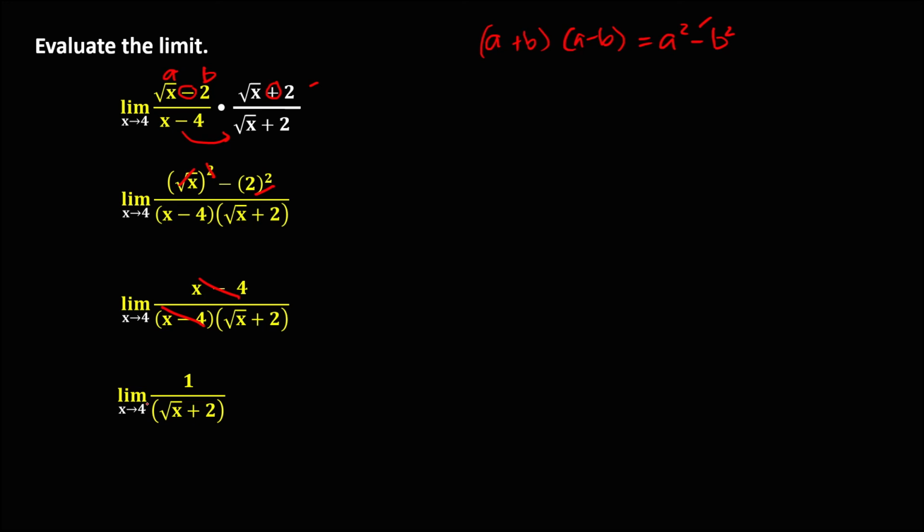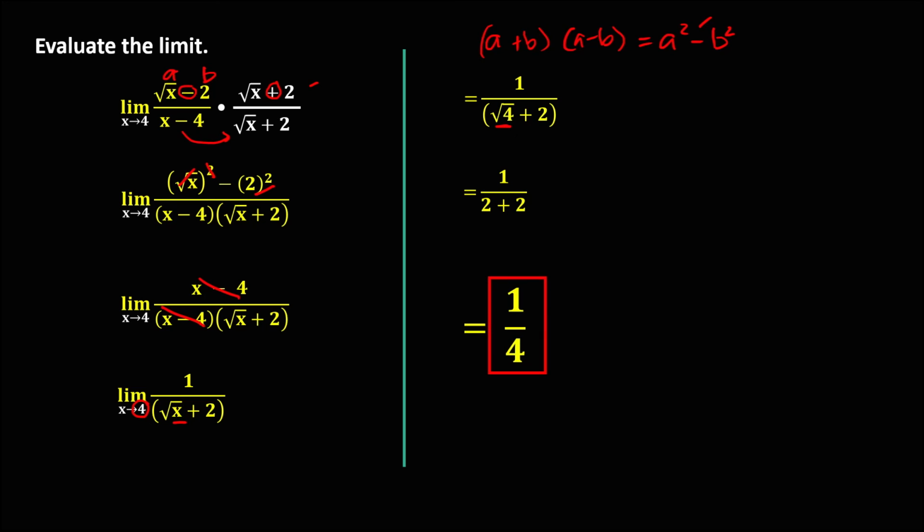This time, substitute this positive 4 for x. So we have 1 over the square root of 4 plus 2. The square root of 4 is positive 2, so we have 1 over 2 plus 2. So the limit is equal to positive 1 over 4.